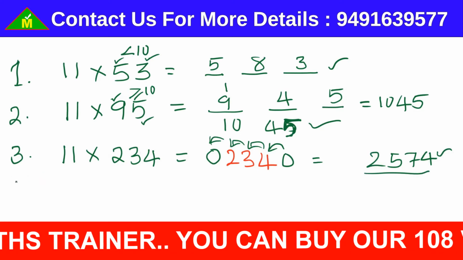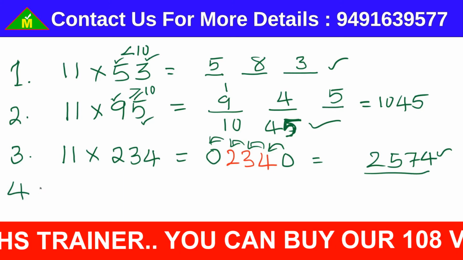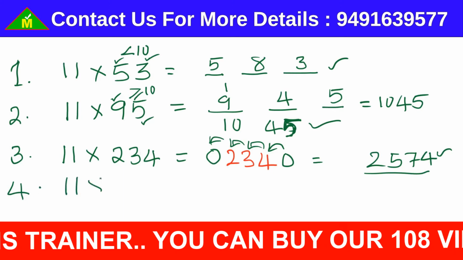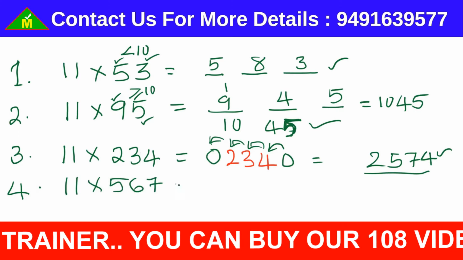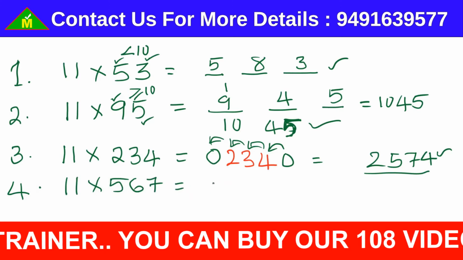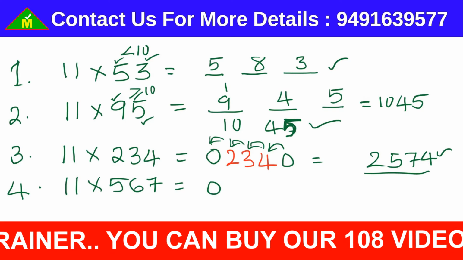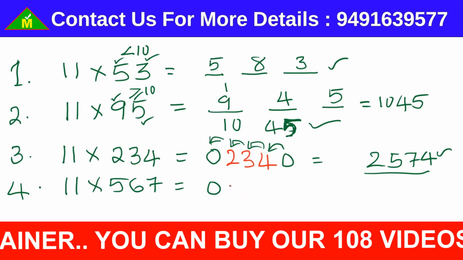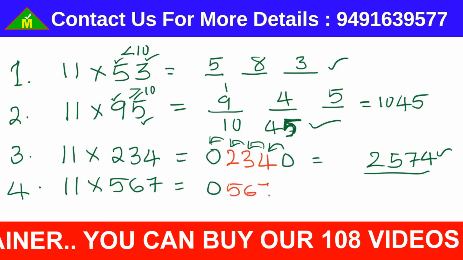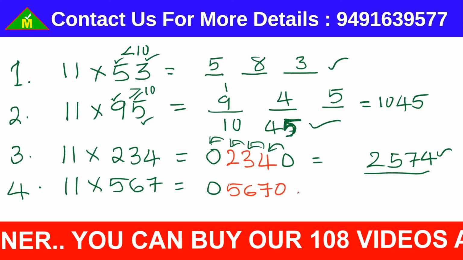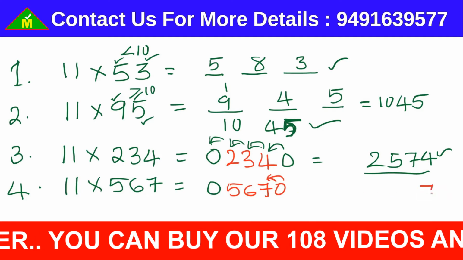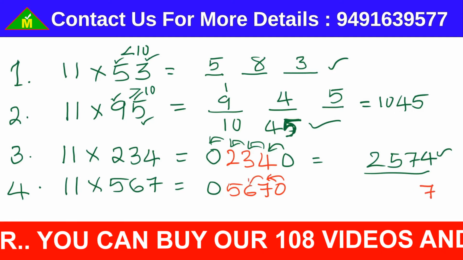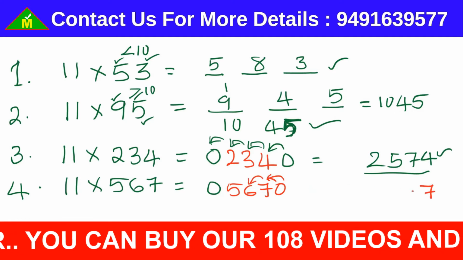See, coming here we have 11 into 5, 6, 7. So in this case what we have to do? 5, 6, 7, 0. Now 7, 0, 7, 6, 7 is 13.